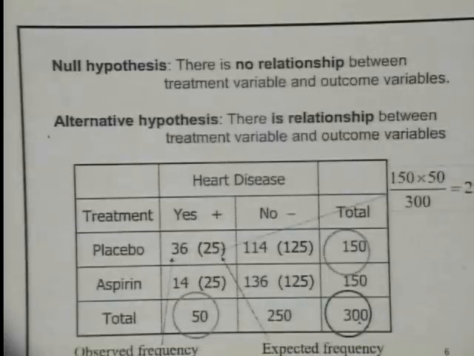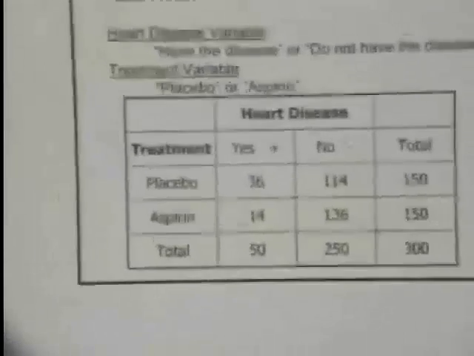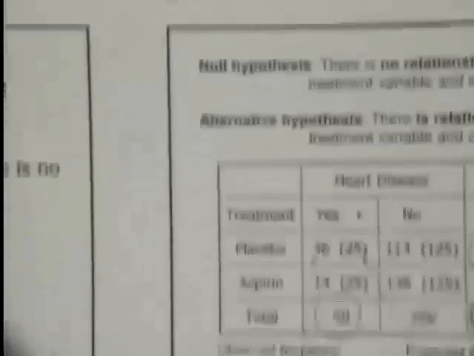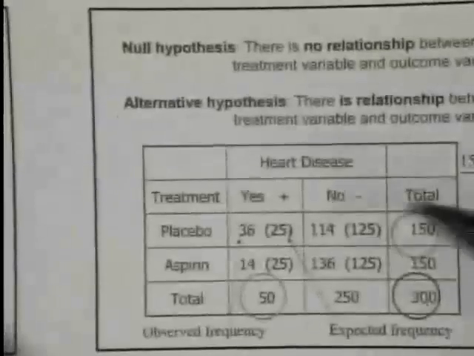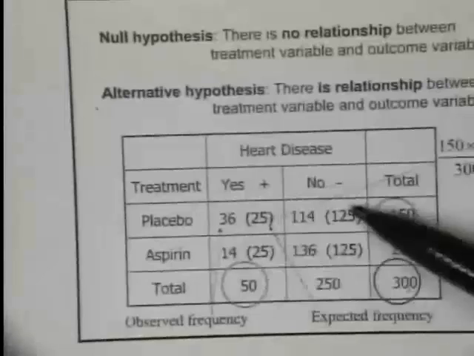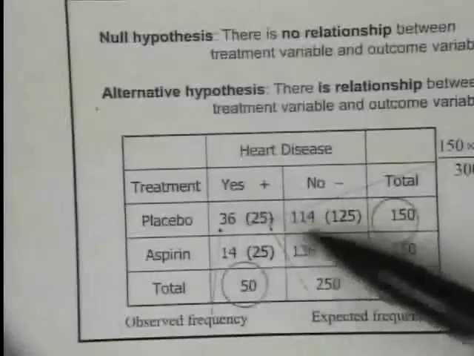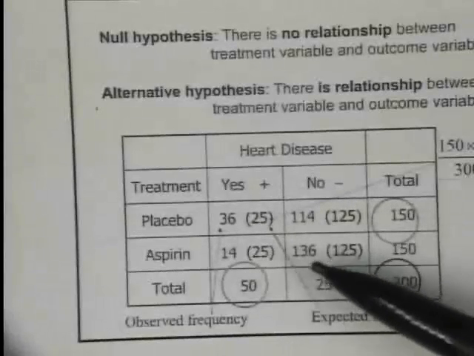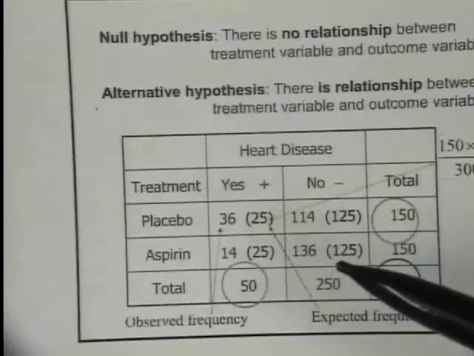If you look at this slide, this is the original data, and in this slide I added some information. The numbers in parentheses are called expected frequencies. 36, 114, 14, 136 are what we actually observed.